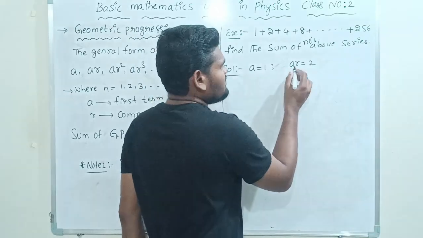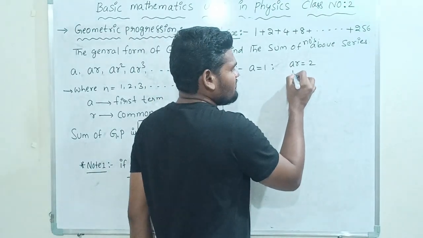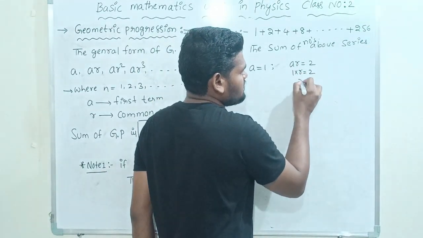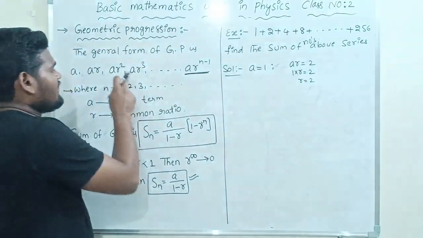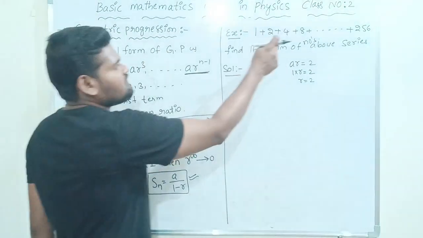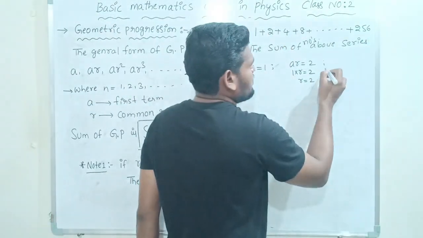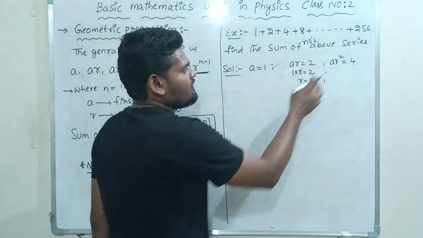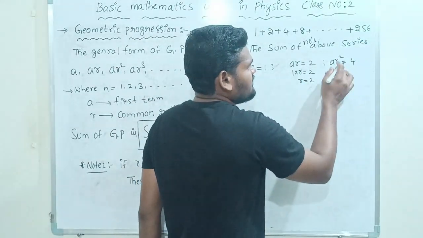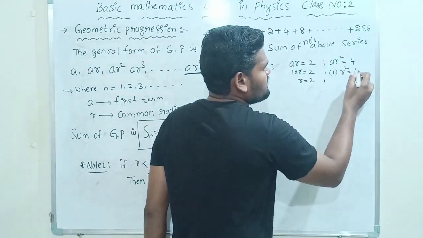What is the value of A? 1 into R is equal to 2. Then R is equal to 2. Have a look. At the place of AR square, the third term is 4. AR square is equal to 4. A is 1, so R square is equal to 4.